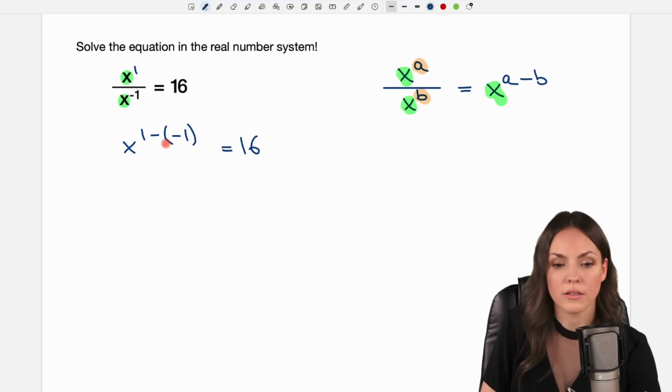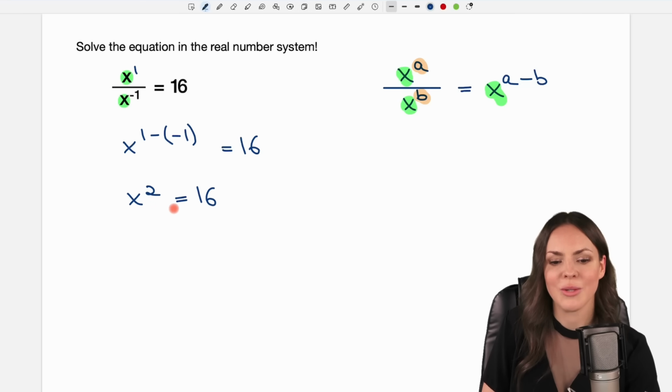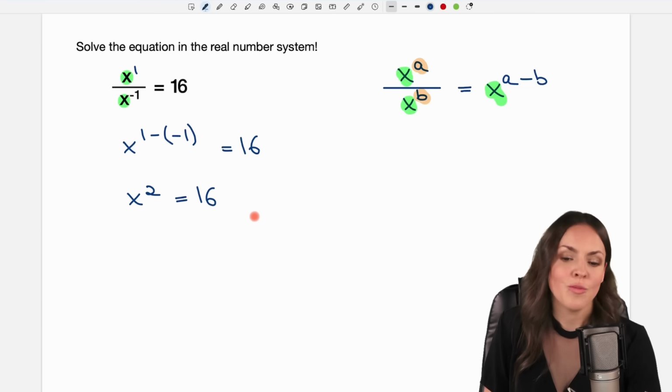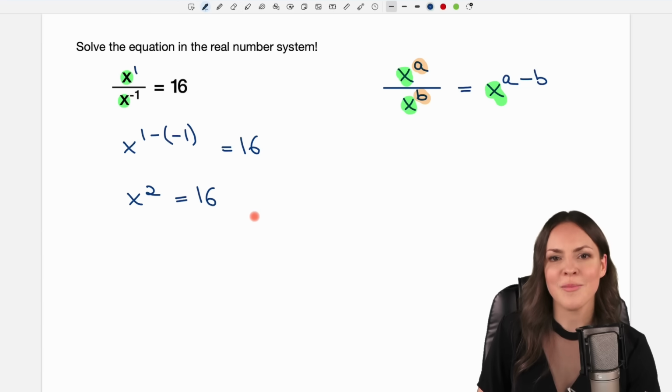Now I can calculate this. I have x to the power of, minus minus is going to be a plus, so 1 plus 1 equals 2, and this equals 16. So I have the same quadratic equation like I had in the first way. I know that 4 and -4 are solutions, and this is just a different way how to solve this problem.